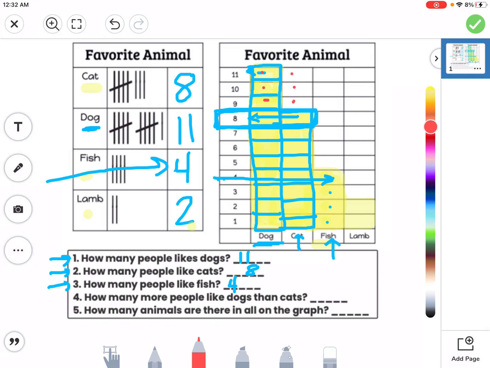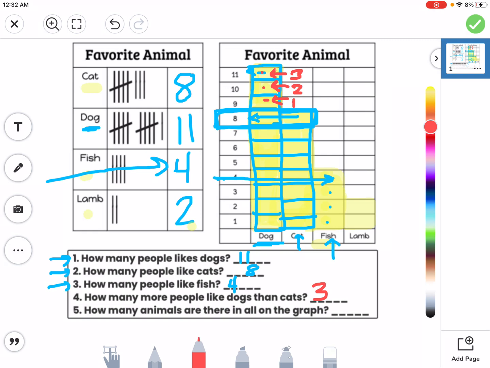No. So how many does the dog have that the cat does not? So it would be 1, 2, 3, right? So 3 more people here. 1, 2, 3. 3 more people like dogs than cats.